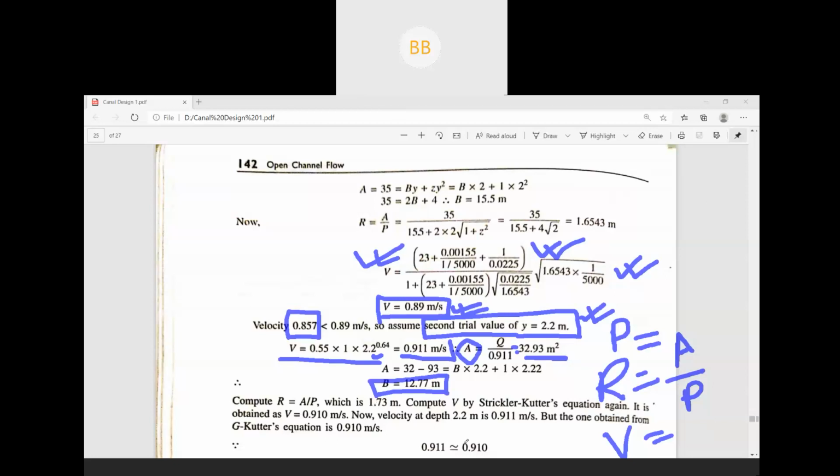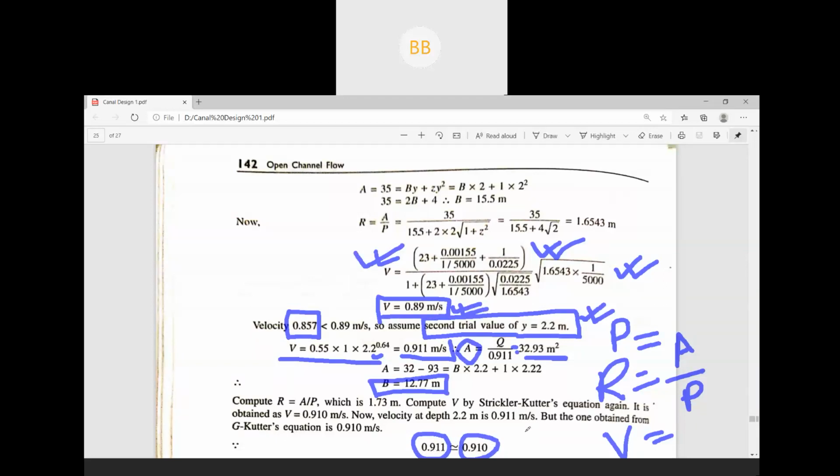So after finding the velocity, this velocity you are going to get in step number 2, it is 0.911, and this velocity you are going to get using this equation. These two are almost equal because this is corrected to two decimal points, 0.91 and 0.91.